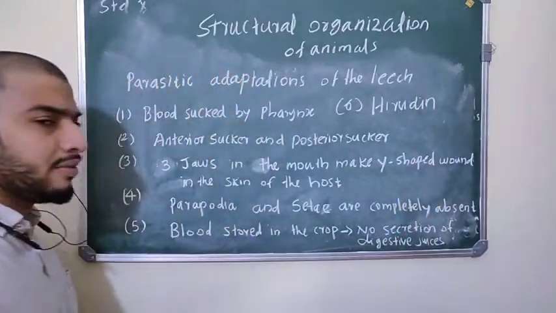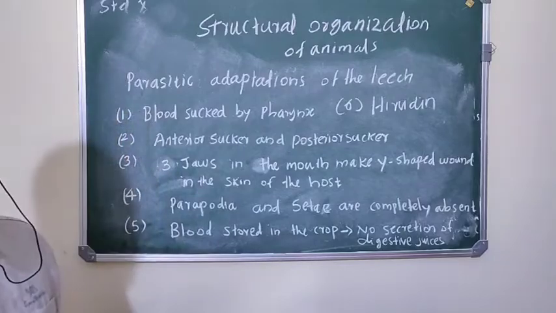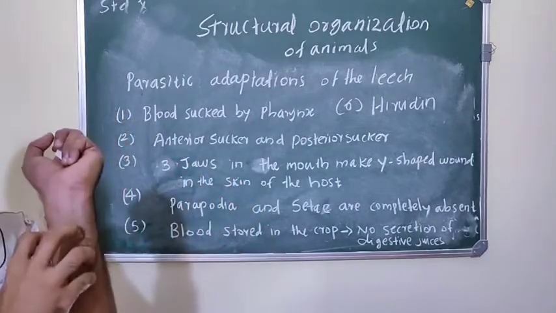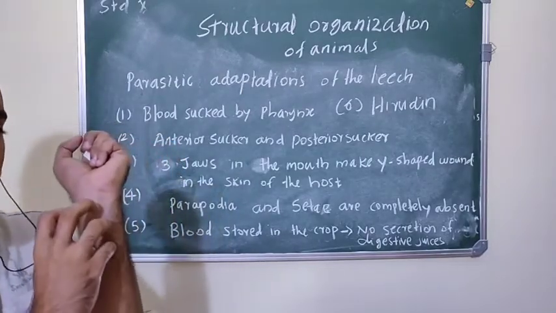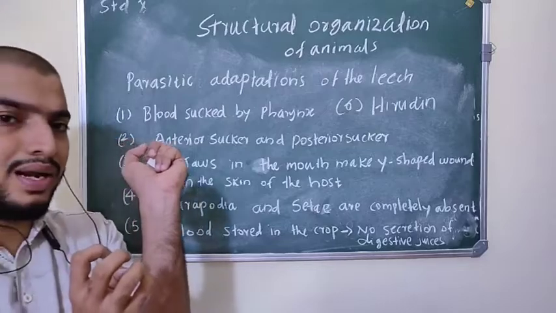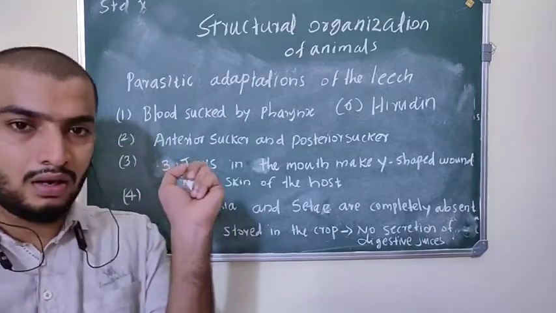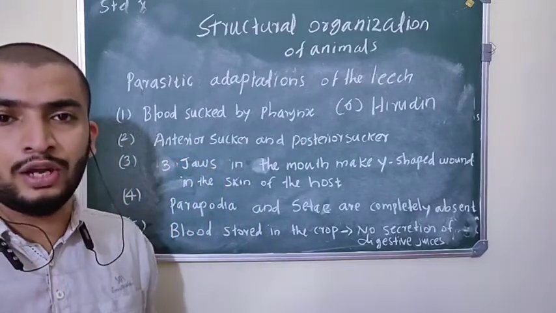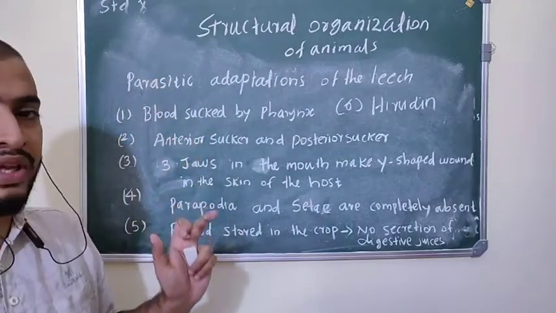The hirudin, that chemical is produced by salivary glands in leech. So when they attach on the host animal and make a wound on this animal, and they suck out the blood, at that time they release this hirudin chemical. Okay, this hirudin prevents the coagulation or clotting of the blood. So this leech can easily take the blood from the host animal.